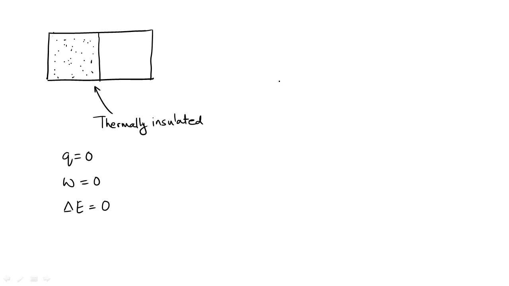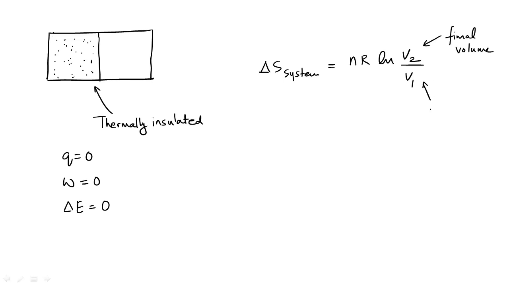Please refer to that if you don't recall that discussion. The change in entropy, delta S, of this system is nR ln V2 by V1, where V2 is the final volume and V1 is the initial volume.